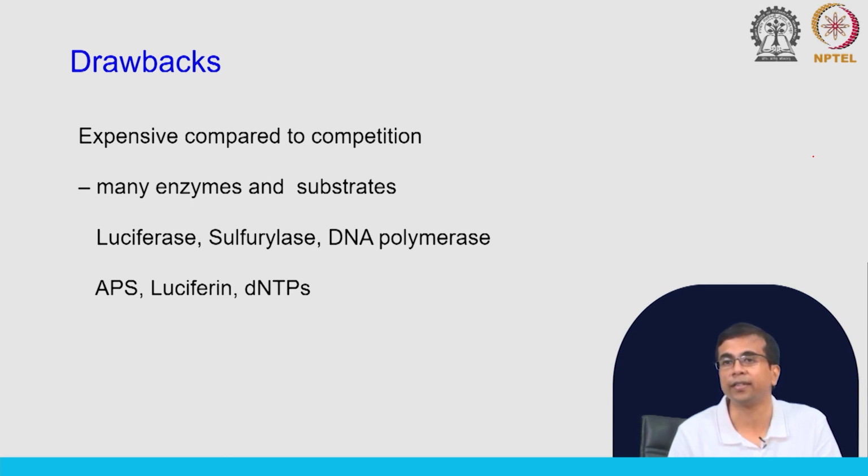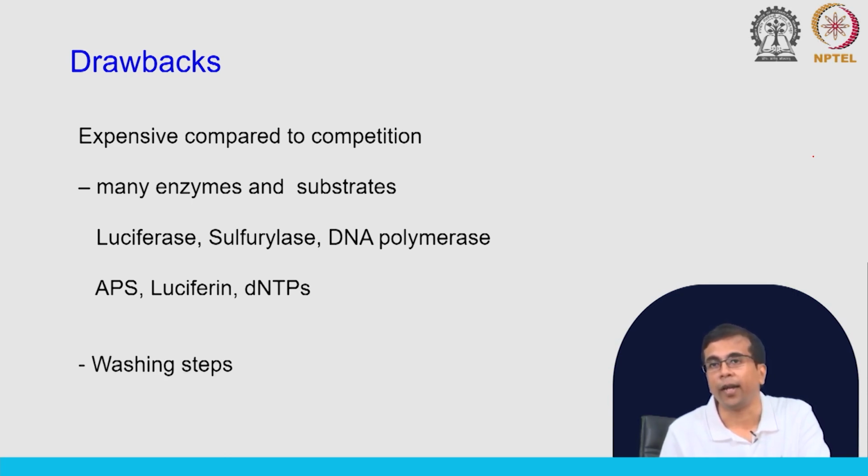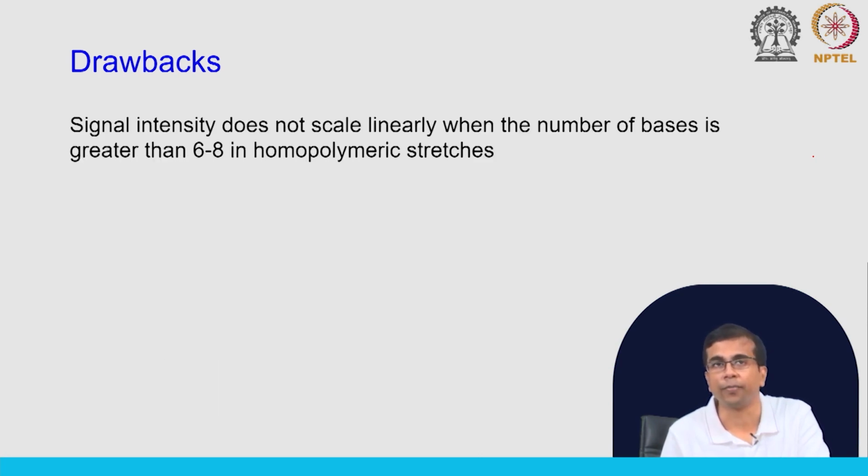All these reagents are quite costly, and on top of that, in every cycle of reaction we are washing away these enzymes and reagents. Okay. So, which means we need a lot more than is actually required if we did this process continuously, right. So, we are losing a lot of these molecules, enzymes. So, that made this process very, very expensive compared to the competition that we will talk about a bit later. Okay. And you had these washing steps as I just mentioned. So, that means we utilized a lot of these molecules.